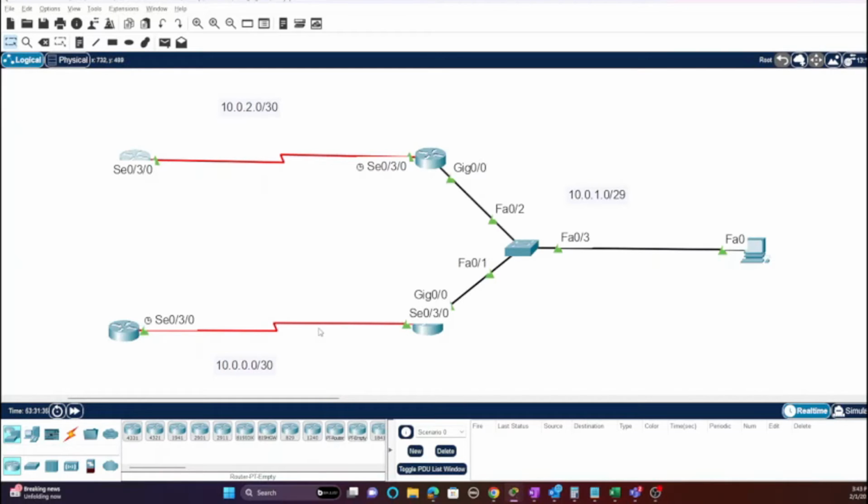But again, this is a lab. What if you're in an enterprise business and you got 100 routers, right? It's starting to get a lot, and that database and networks and everything will start causing your CPU, the processors, to process all of the information that they're sharing, all of the networks and everything. That's why you're going to have to start getting into multiple areas.